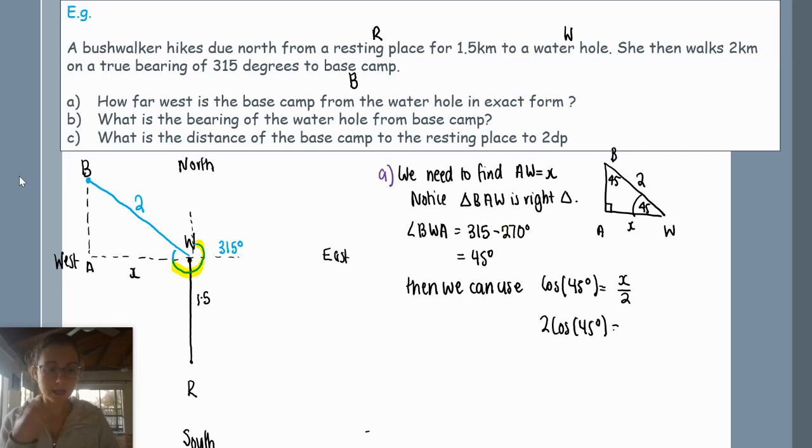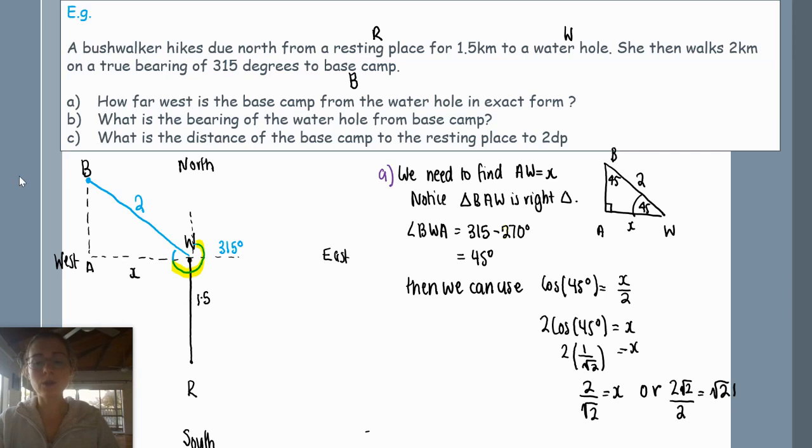You can stick this in your calculator, but I do recommend knowing what cos 45 degrees is, and that's 1 on root 2. Okay, simplify it a little bit. If you want to get rid of the square root down the bottom, remember to rationalize. So you could write it as 2 over root 2, or that's just the same as square root 2 kilometers. Okay, so now I know what X is.